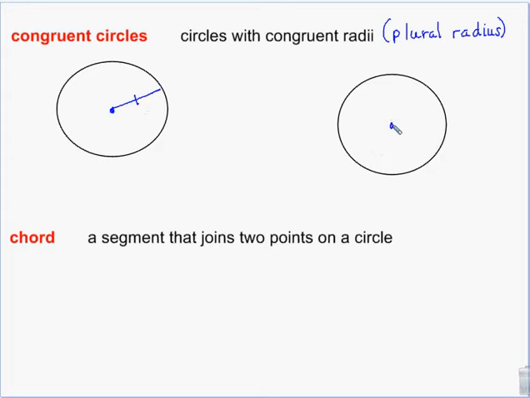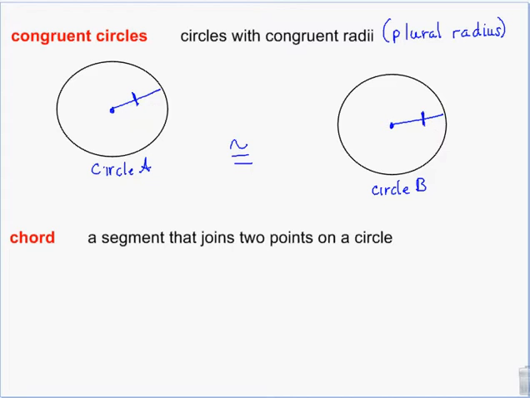The radii have to be the same length. So circle A and circle B would be congruent because I marked that their radii are the same length.